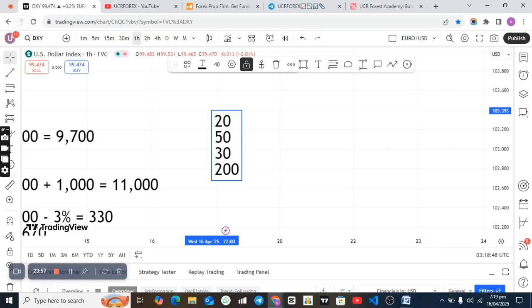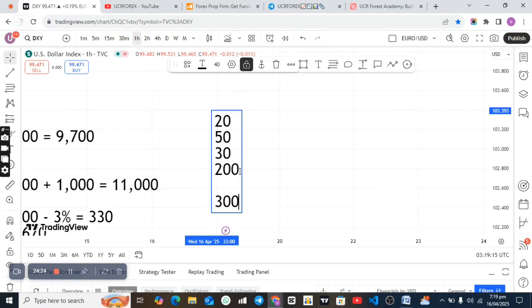So you need to understand that your profit per trade, when I say profit per trade, these are your pay trades, the four trades you took, should not be more than 20% of your total profit. That is when you consider how much you made per trade: 20, 50, 30, 200. So what is the total profit here? It is 300, right? Let me write it down so that some people will not be confused.